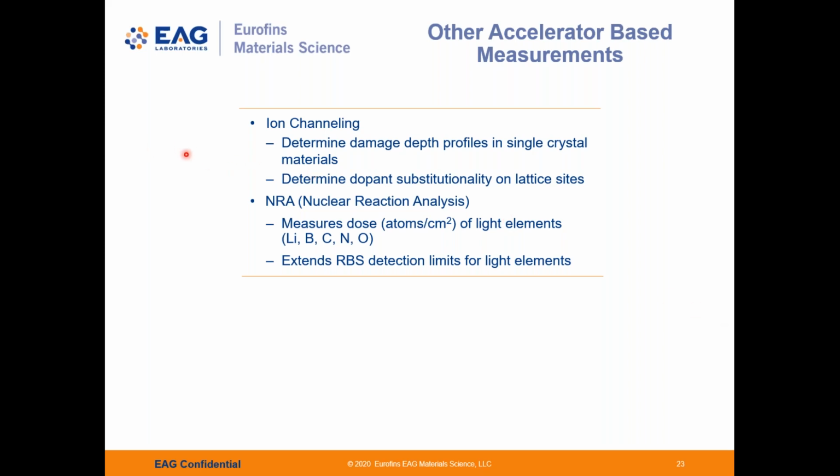RBS can be used to determine damage profiles, dopant substitutionality or interstitiality, epitaxial quality, and gross damage or amorphization. This can provide valuable insight into the behavior of impurity atoms in single crystal materials.